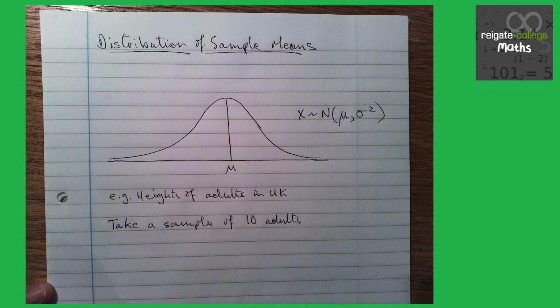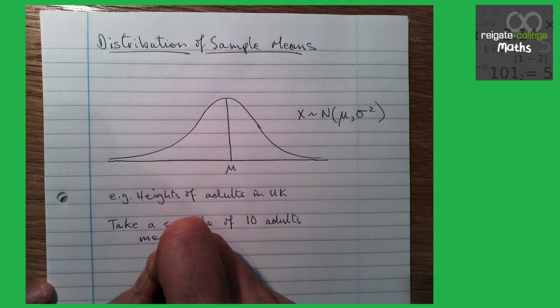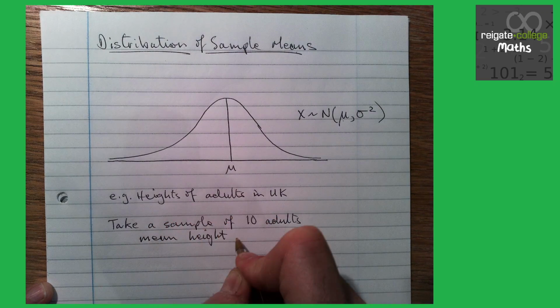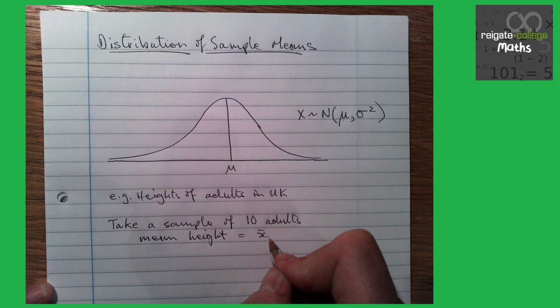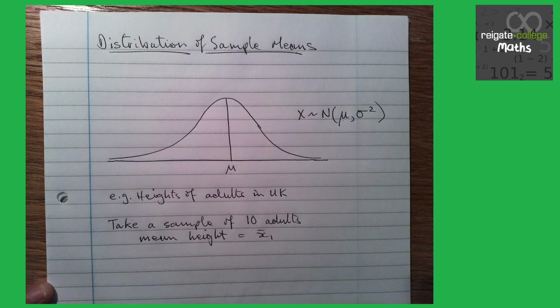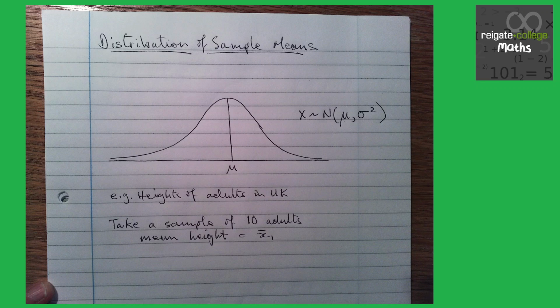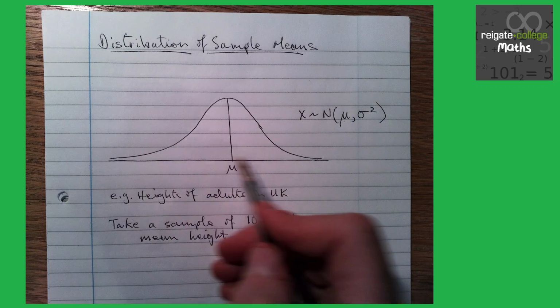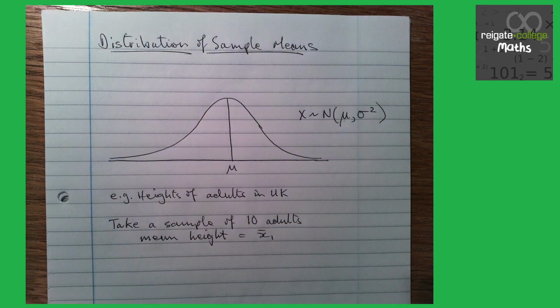So we're going to say their mean height is x bar, and we're going to call this x bar 1 for the first sample that we take. Now that mean there is a new data item, and it's going to fit somewhere on this scale if we were to draw a new scale, so maybe it fits here.